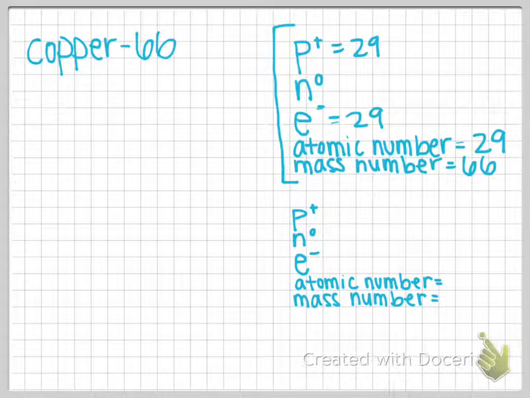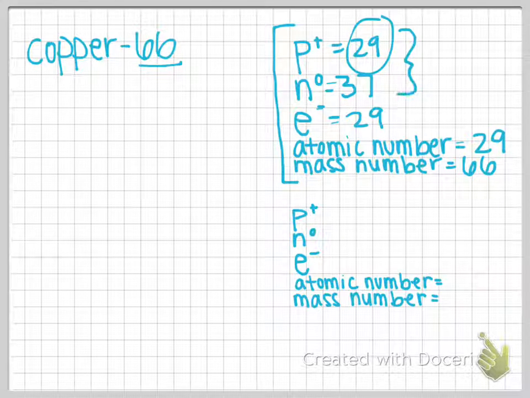Now our neutrons we need to figure out. Our mass is 66, and our protons are 29, so 29 plus our neutrons equals 66. So you do that subtraction and find that your neutrons equal 37. In other words, these two added together equal your mass of 66.